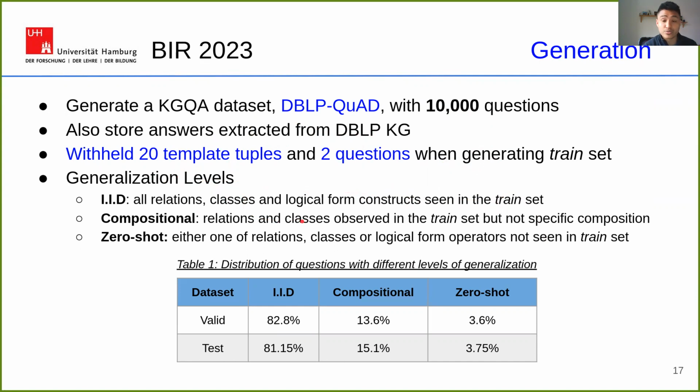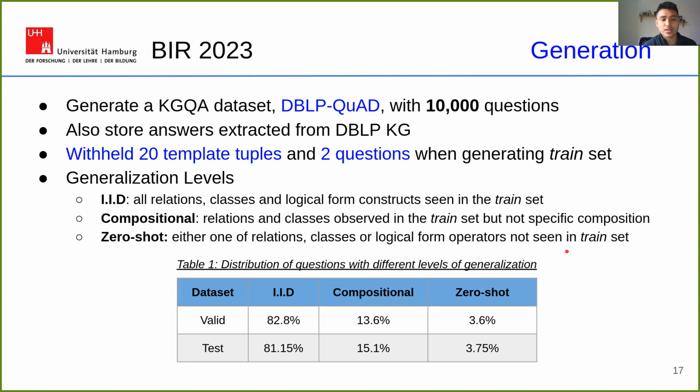So we introduced three levels of generalization in our dataset. First is the i.i.d. generalization, in which all the relation classes and logical form constructs that are seen in the train set are also seen in the test and valid set. For compositional, only the relations and classes observed in the train set are seen in the test and valid set, but not the exact specific composition, or not the exact specific SPARQL template, is seen in the test and valid set.